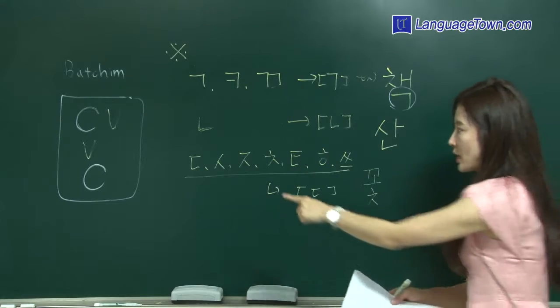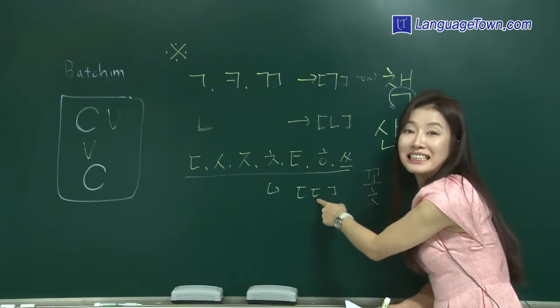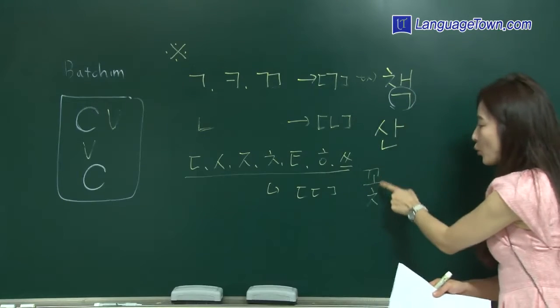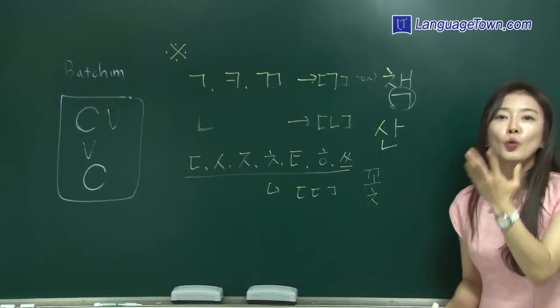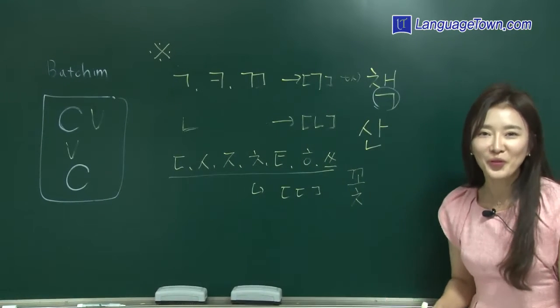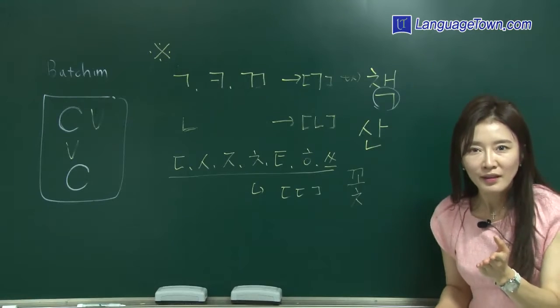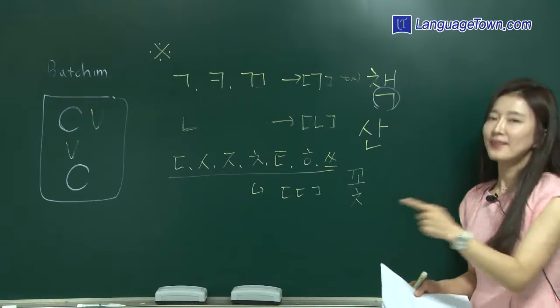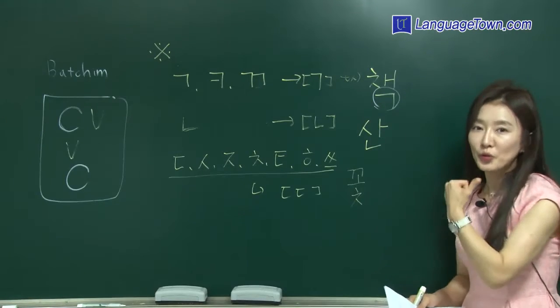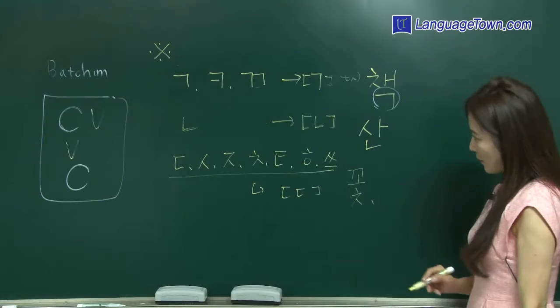I told you that one of these all sounds like just 읏. So, 꽃. Try. 꽃. Repeat after me. 꽃. 꽃 is, yes, flower. Flower is 꽃. Then another one.